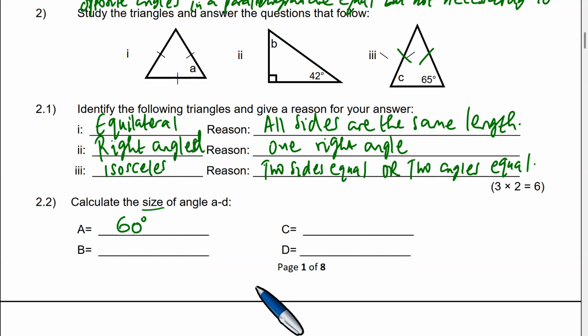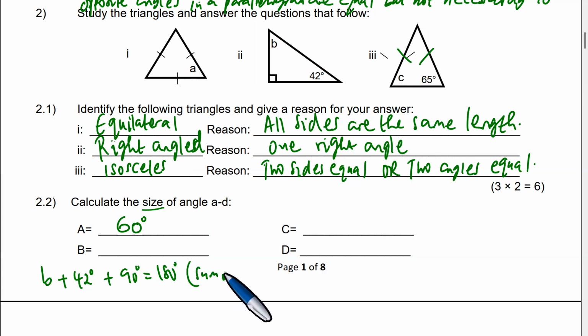Because you need to add up the 90-degree angle plus 42. Yes, but we need to check. So in other words, we'll have B plus 42 degrees plus 90 degrees is equal to 180 degrees. This is the sum of the interior angles of a triangle.